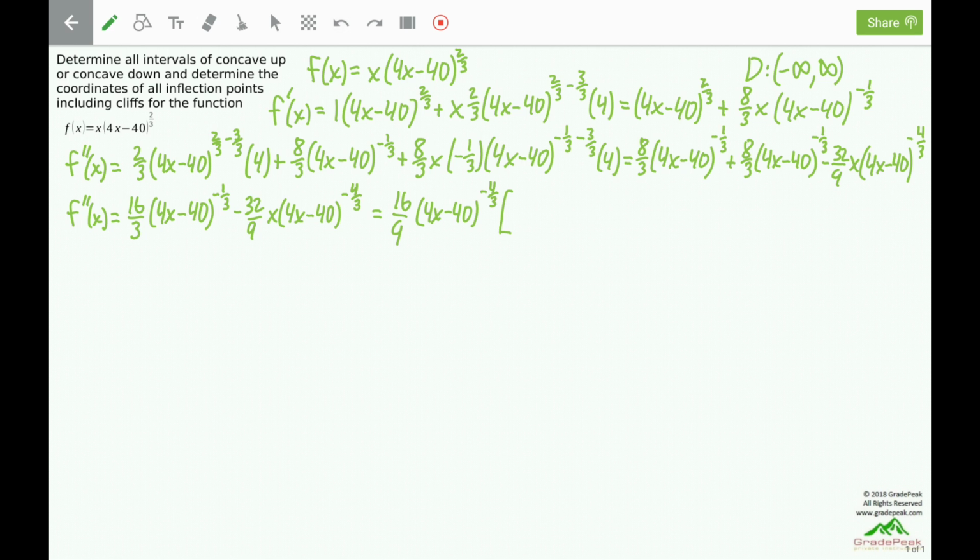A 3 times 4x minus 40, and then minus a 2x. So we have 16/9 4x minus 40 to the negative 4/3.